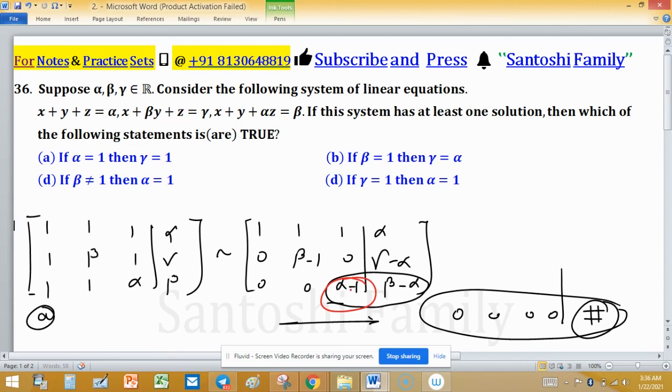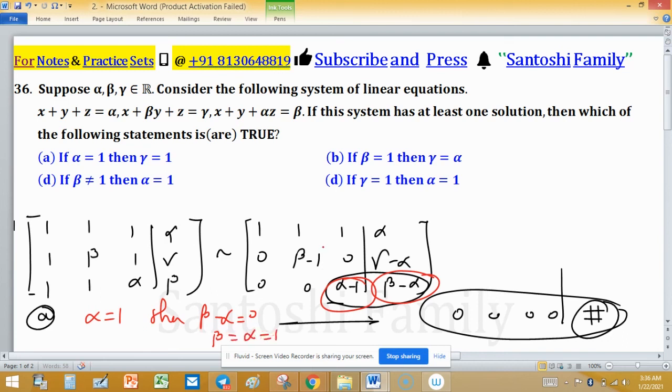So this entry should be 0, otherwise the system has no solution, but it is given that the system has a solution. So if alpha equal to 1, then beta minus alpha must equal 0. It means beta equals alpha and alpha is 1.